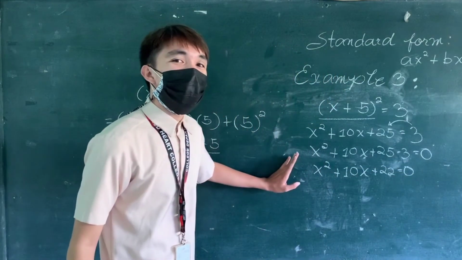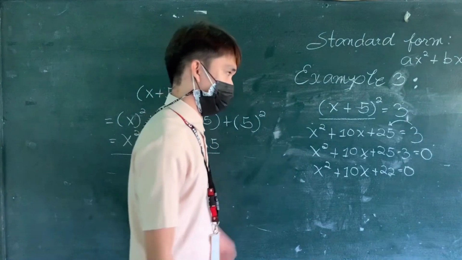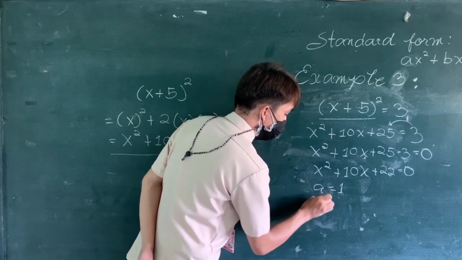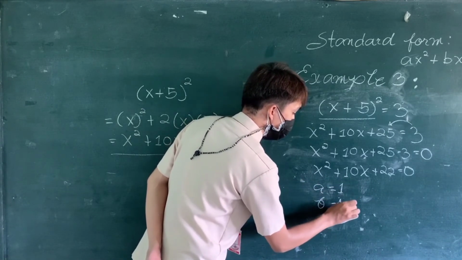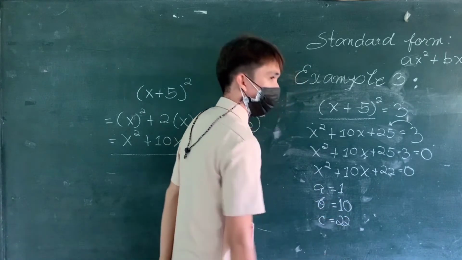That's correct. Now let's identify the values of a, b, and c. a equals positive 1. b equals positive 10, and c equals positive 22.